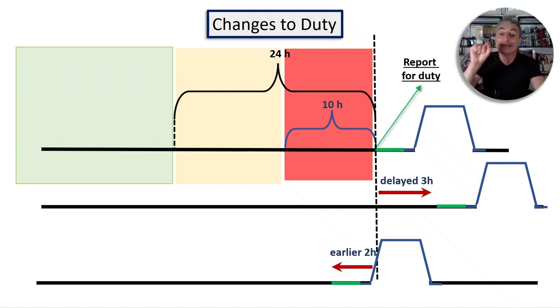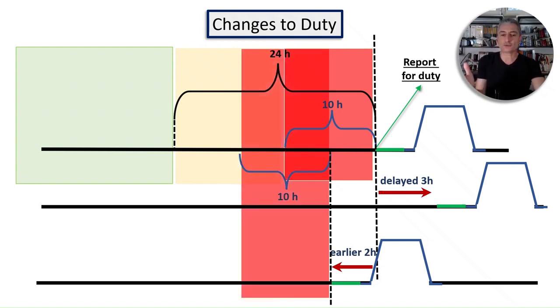But of course, in this case, this yellow time that ends at 10 hours before the report for duty, of course, also has to shift 2 hours. Okay, because we still have to have at least 10 hours of margin between the moment we are notified that our reporting time has changed to the new one.